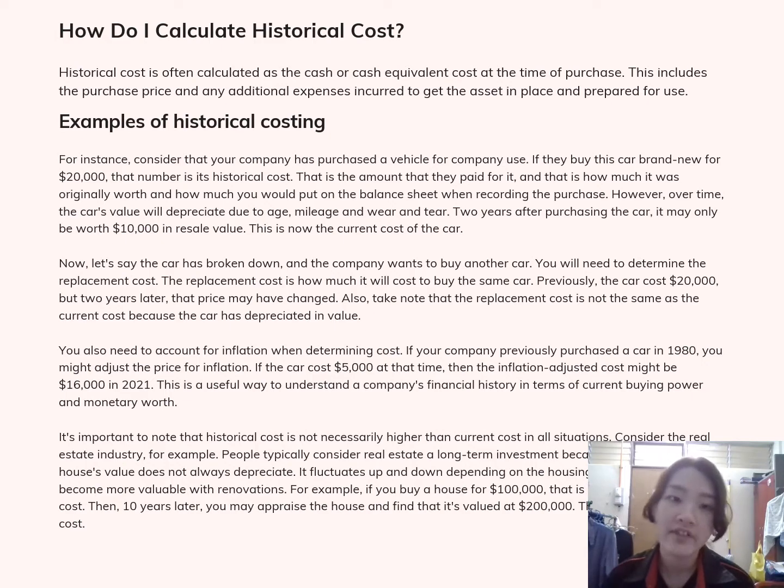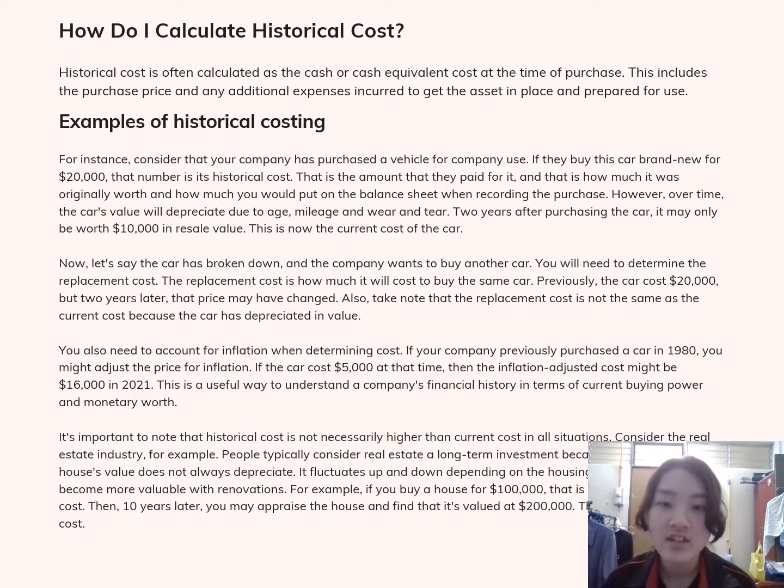For example, consider that your company has purchased a vehicle for company use. If they buy this car brand new for 20,000, that number is its historical cost. That is the amount that they pay for it, and that is how much it was originally worth and how much you would put on the balance sheet.